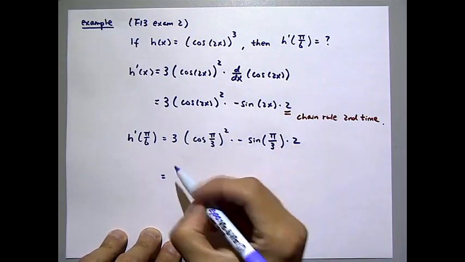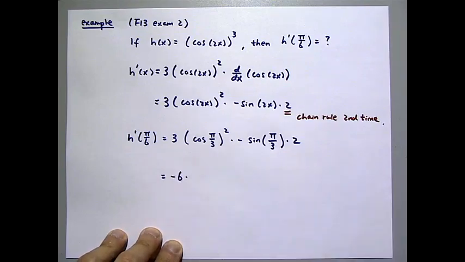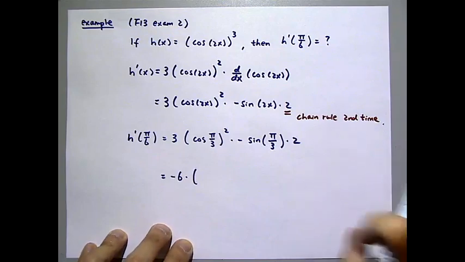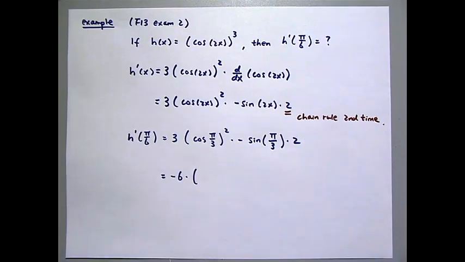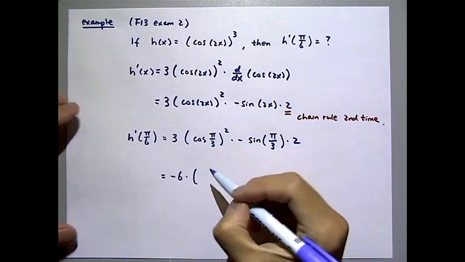We get minus 6. What's cosine of pi over 3? Cosine of pi over 3 is 1/2. Very good. 1/2.